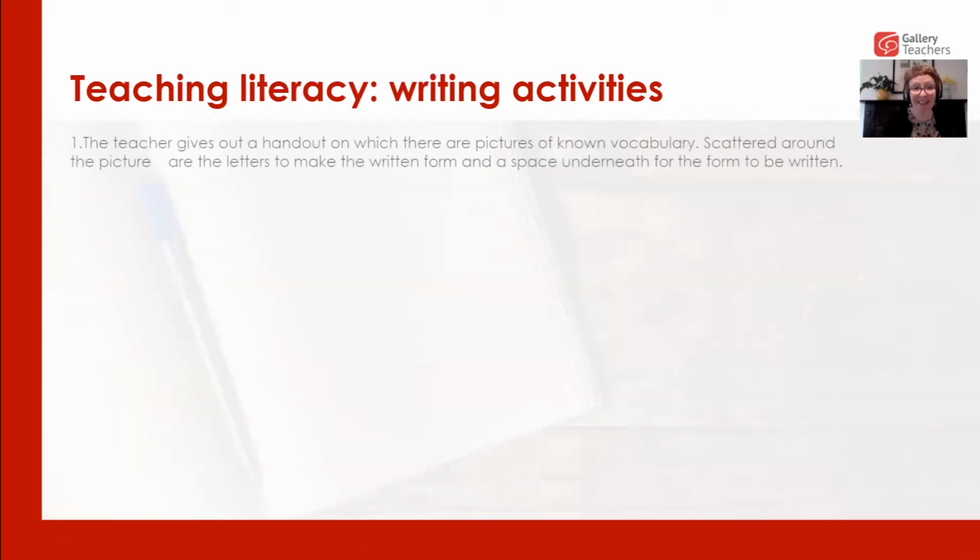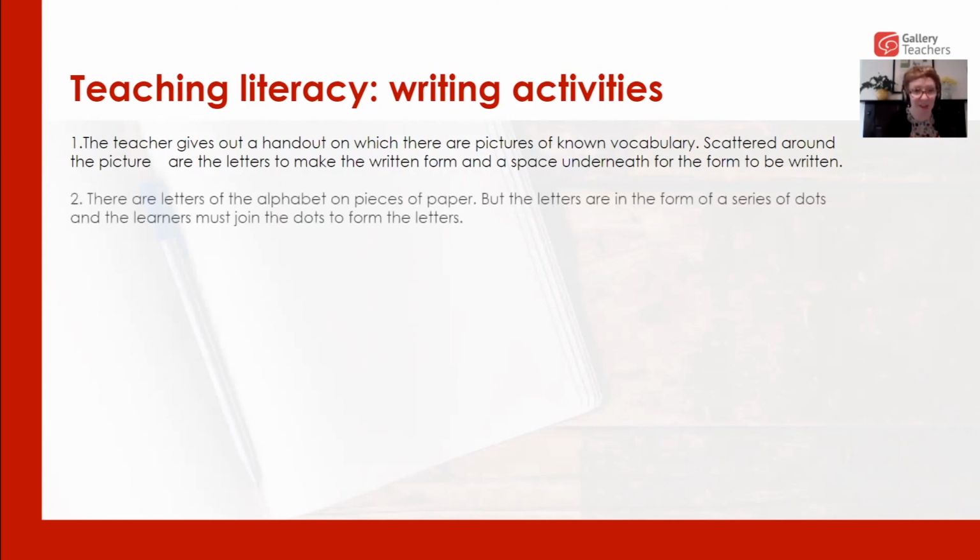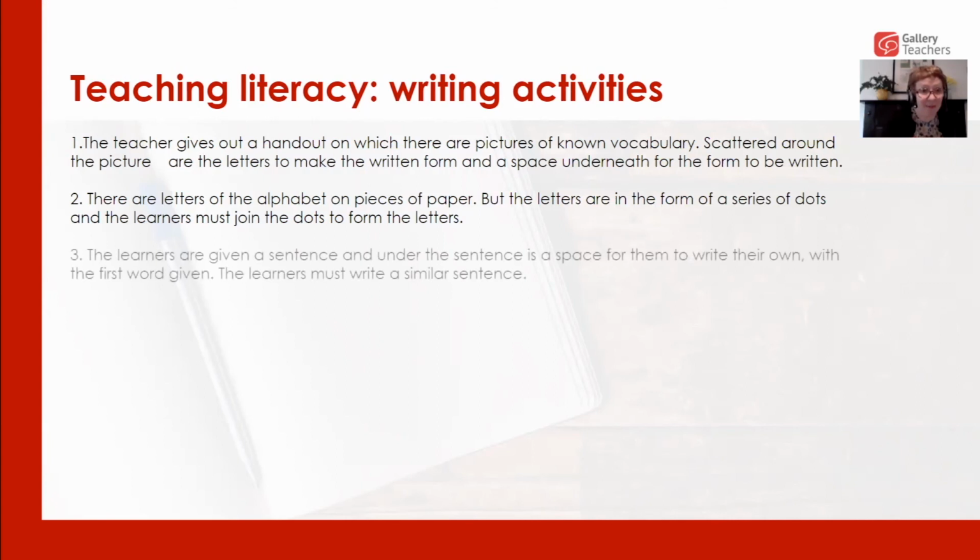Now, writing activities. Again, you're going to find a lot of different activities here, whether it's using a handout with pictures and the letters all around and asking the students to reorganize the letters to make words. That's absolutely fine. Giving our students letters of the alphabet on a piece of paper and getting them to make more words. Scrabble, absolutely fine.